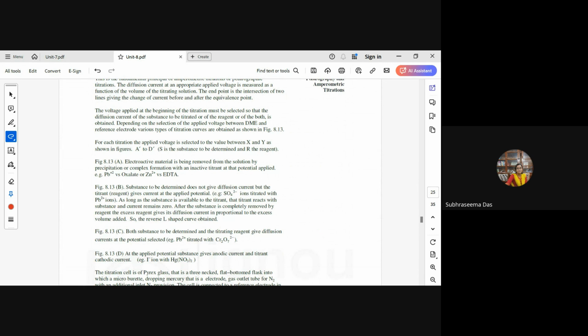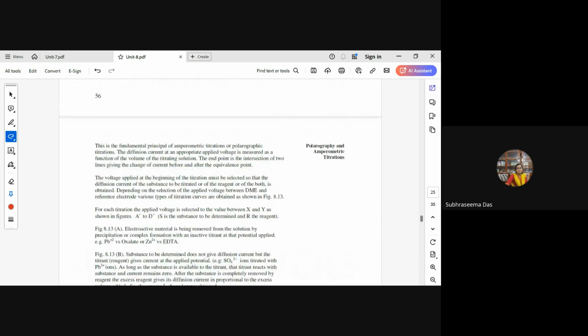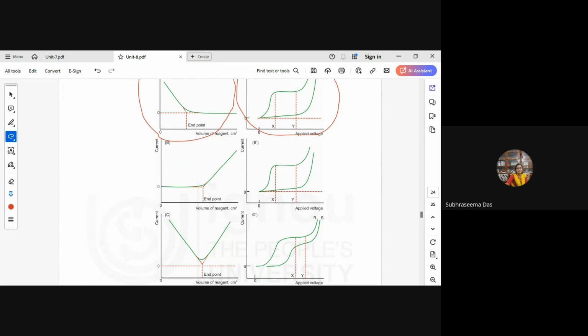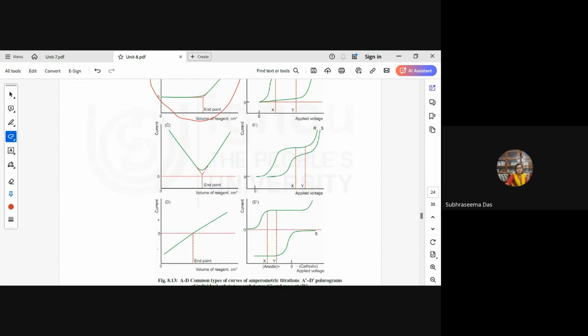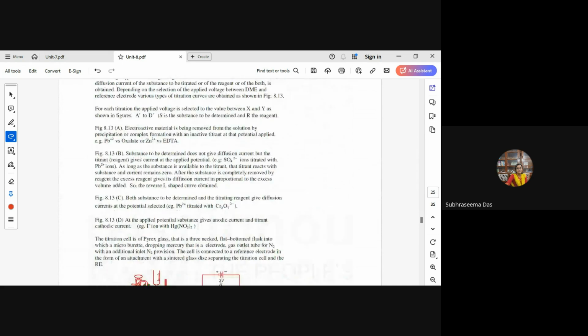So as long as the substance is available, the titrant reacts with the substance and current remains zero. After the substance is completely removed by the reagent, the excess reagent gives the diffusion current proportional to the excess volume added. So here what we get is a reverse L shape. The figure B' represents the corresponding polarogram for this type of titration.